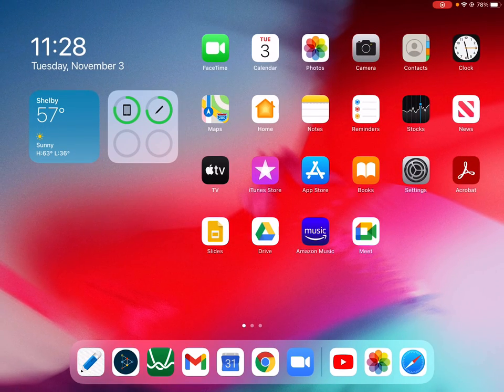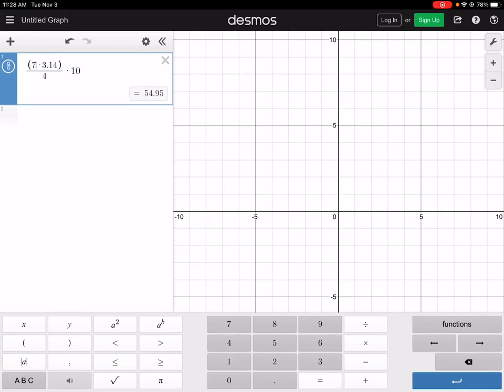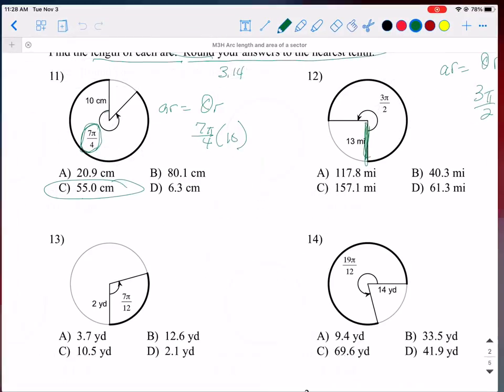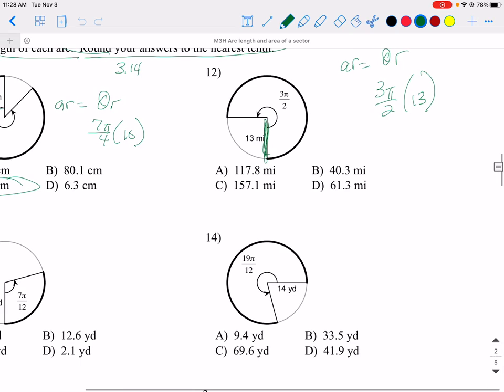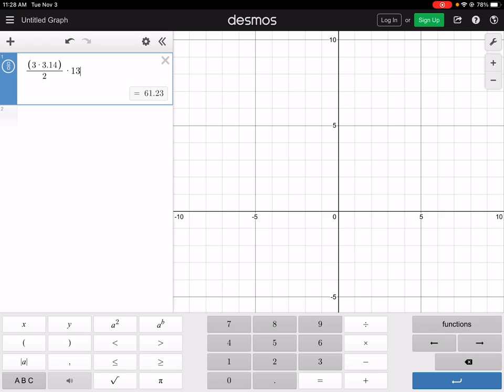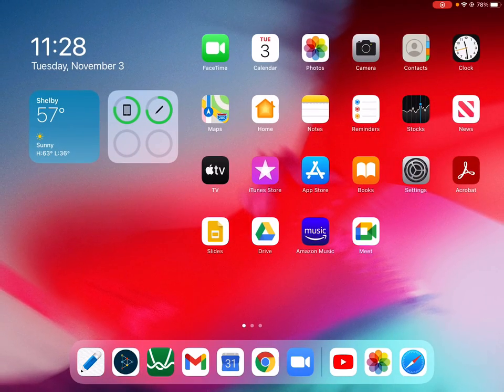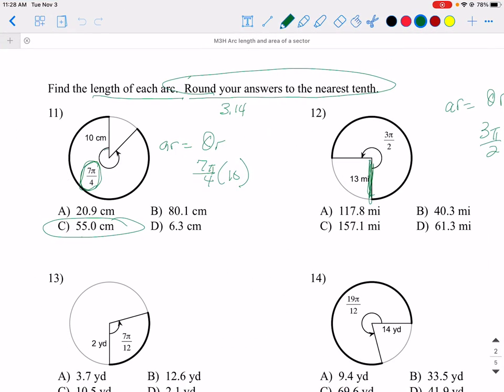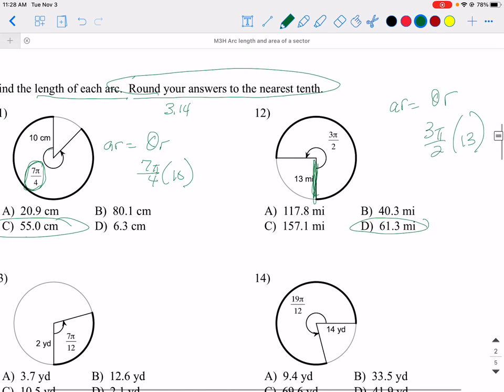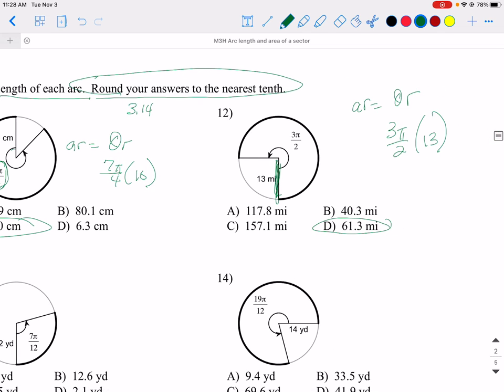So I get 3 times 3.14 over 2 times 13. Let me see what I get, rounded to the nearest tenth. I get 61.2. Because pi is like 3.14, the rounding could be a little bit different on your calculator, so you could see that it's 61.3 miles.